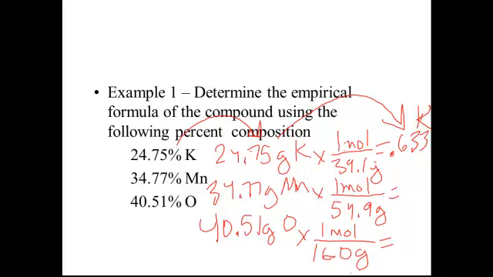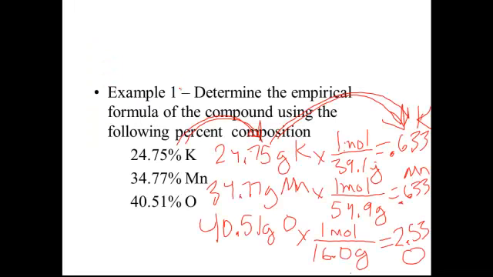And then 34.77 divided by 54.9 equals that same number, 0.633, and that's manganese, Mn. And then oxygen, 40.51 divided by 16 equals 2.53. And that's oxygen. So percent to mass, mass to moles, and now we're going to divide by small.